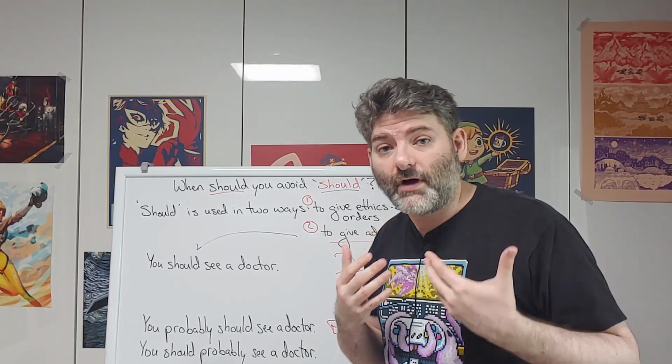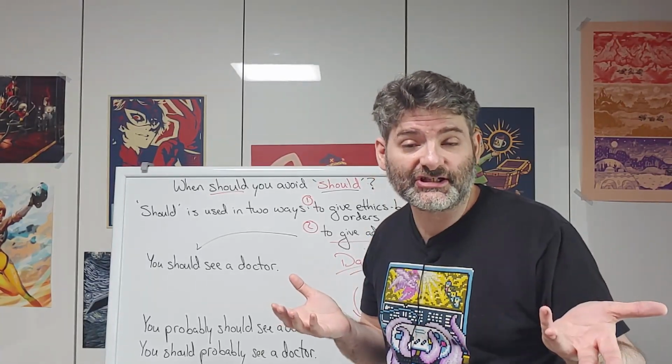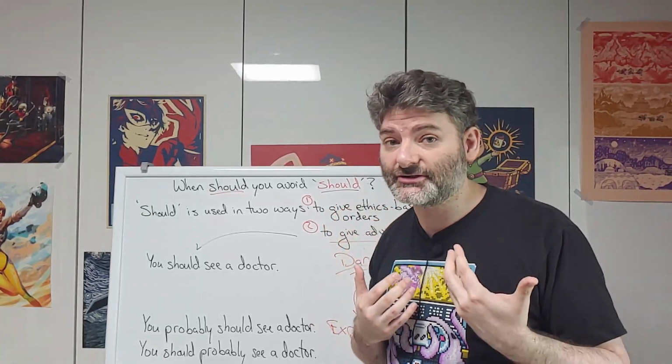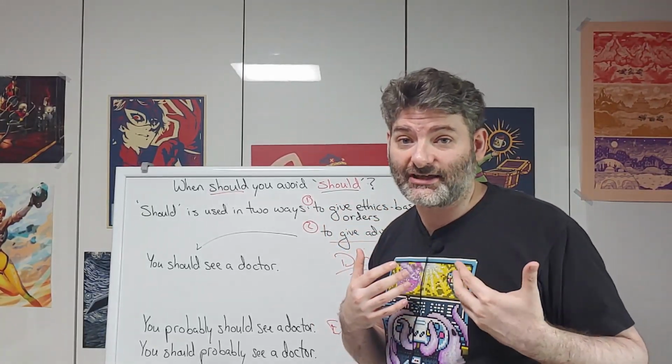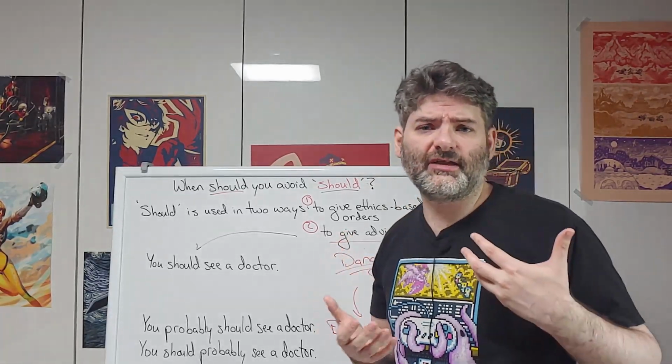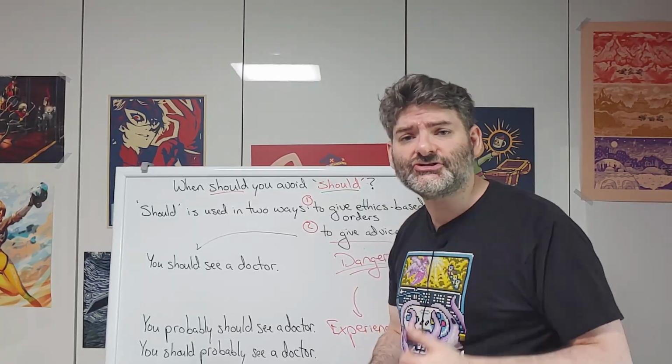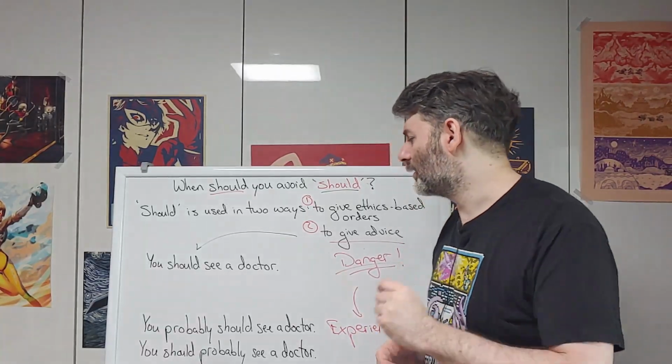And when people use this, that extra process goes on in the minds of native English speakers, and sometimes we get kind of upset or immediately defensive because of that. Let me show you why and how that works.